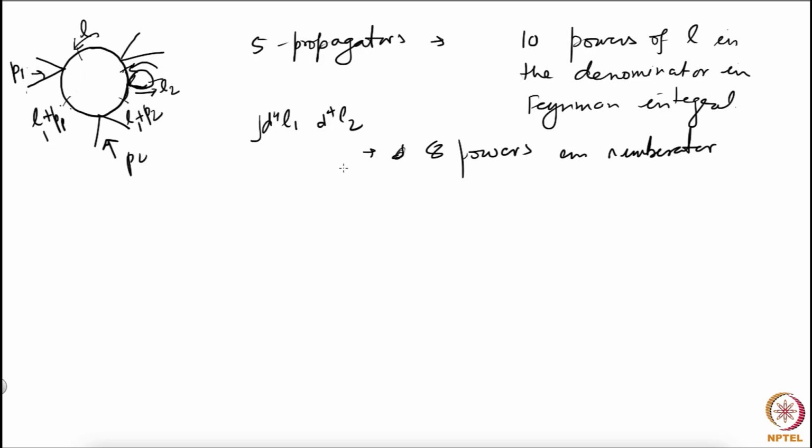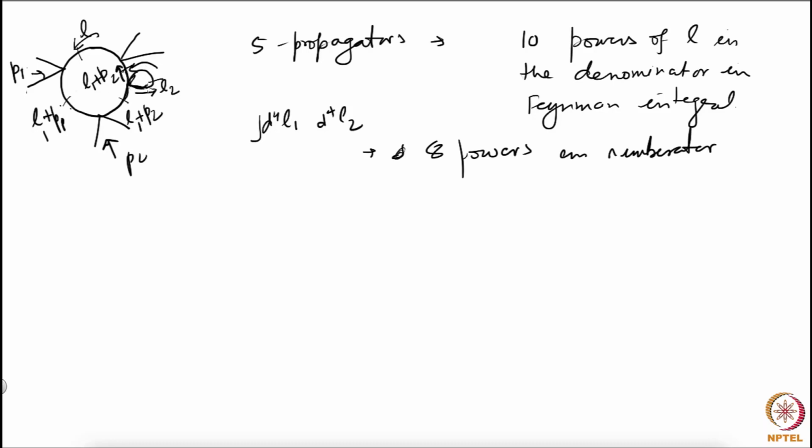Because you have more powers in the denominator compared to the number of powers in the numerator. But then when you are doing this integral, see here, let me just write here, it is L1 plus P2 in this.